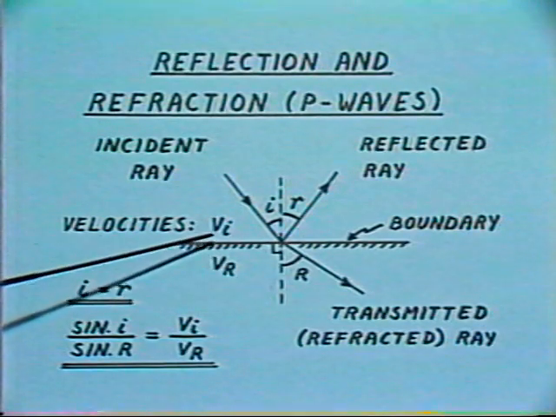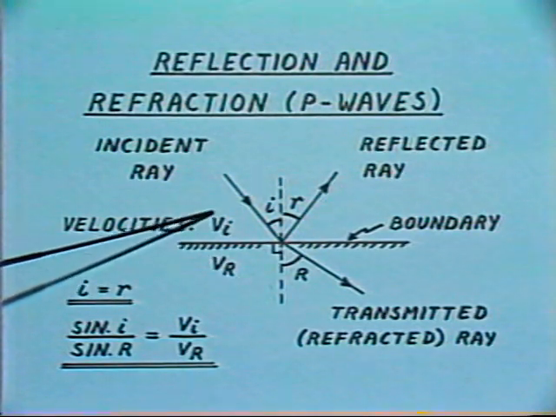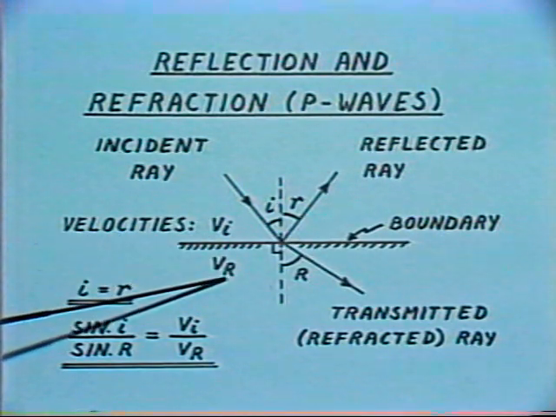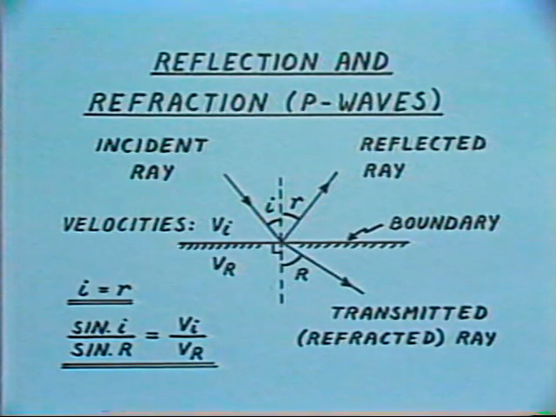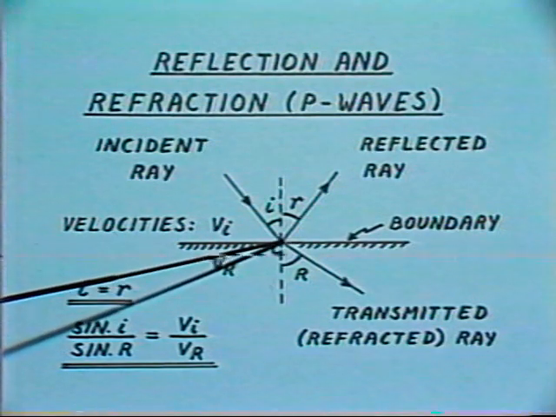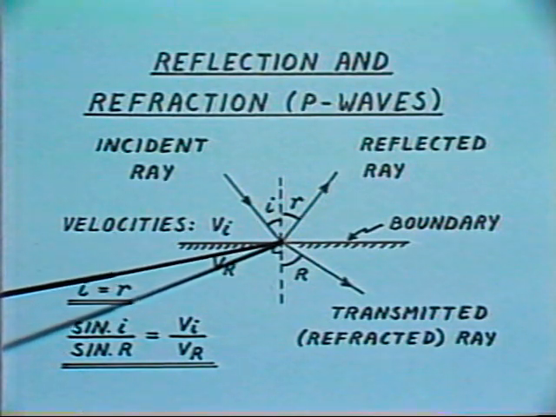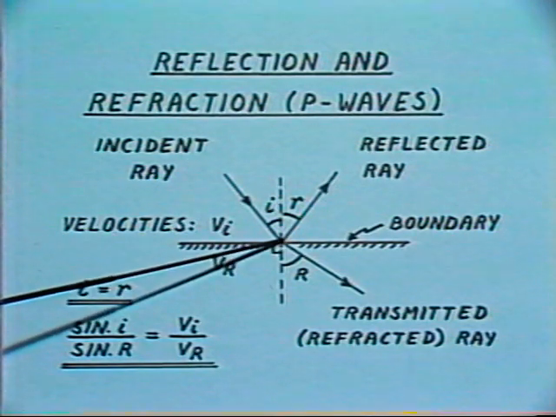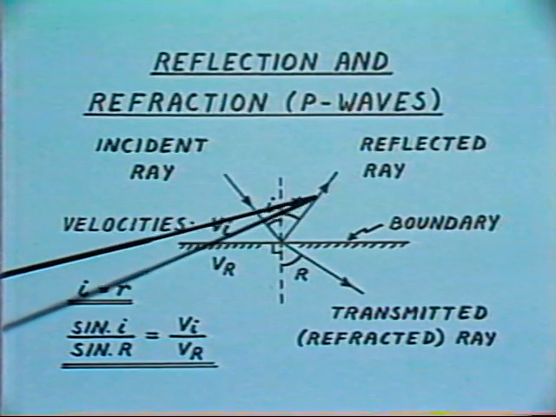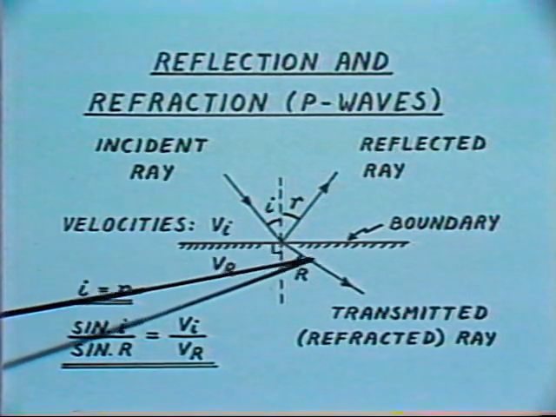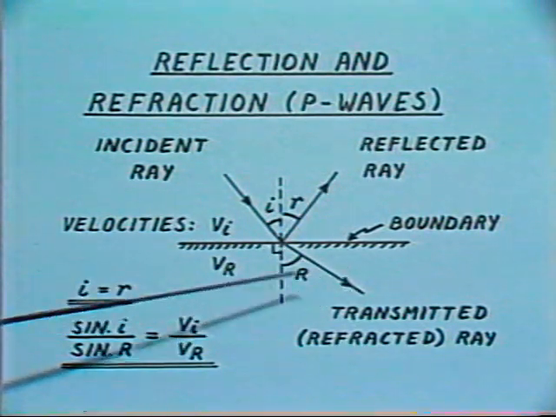That means that sound energy, P waves in this case, would travel with a different velocity in this rock than they would in this rock. If we imagine a ray of seismic energy arriving at this interface in this manner, some of that seismic energy is reflected from the interface and some of it is transmitted through the interface.